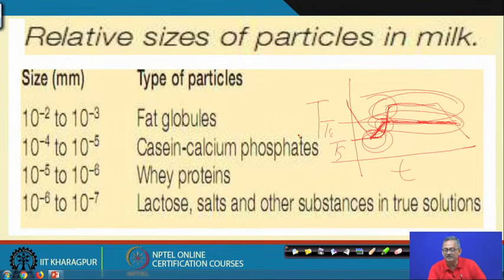But practically, the moment some has already frozen, the initial freezing point goes down as the remaining part's concentration goes up. So it comes like this and then follows this. This is the real curve, while the other one is the ideal.